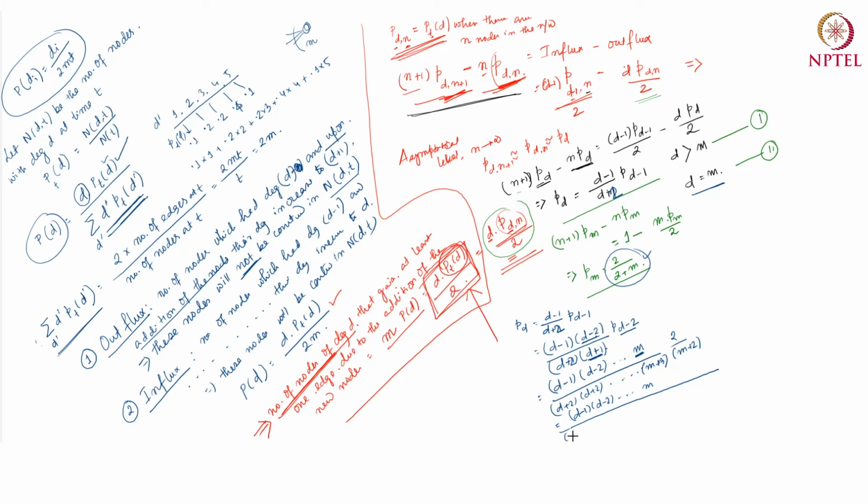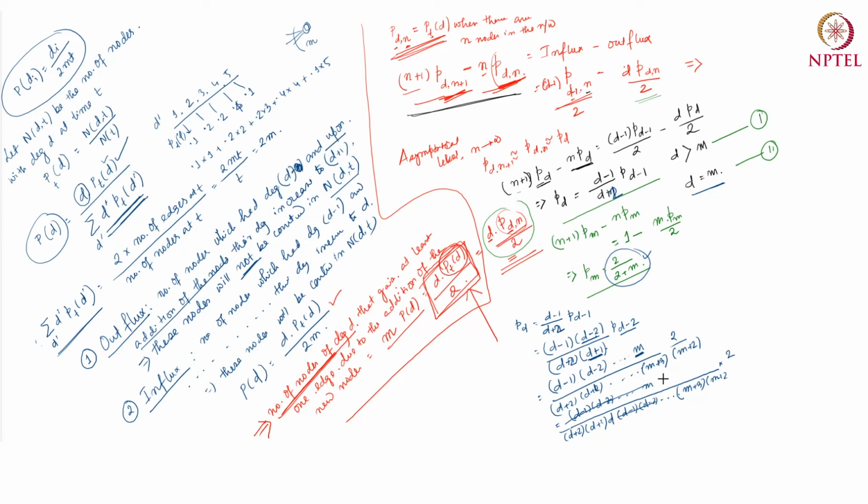In the denominator you have d plus 2, d plus 1, d minus 1, d minus 2 dot dot dot m dot dot dot m plus 3, and m plus 2 also, and we have 2 here. So this part and this part will vanish.